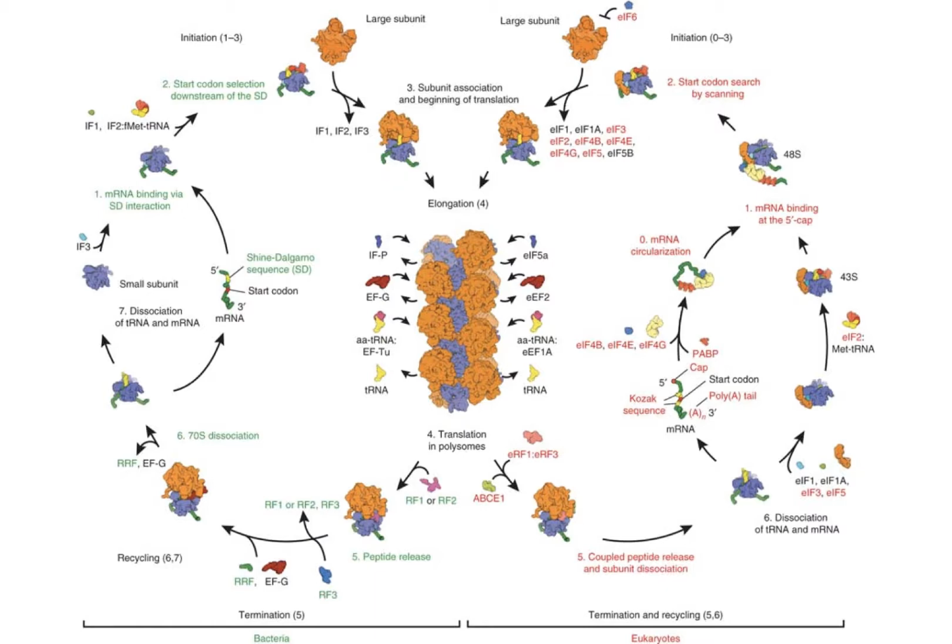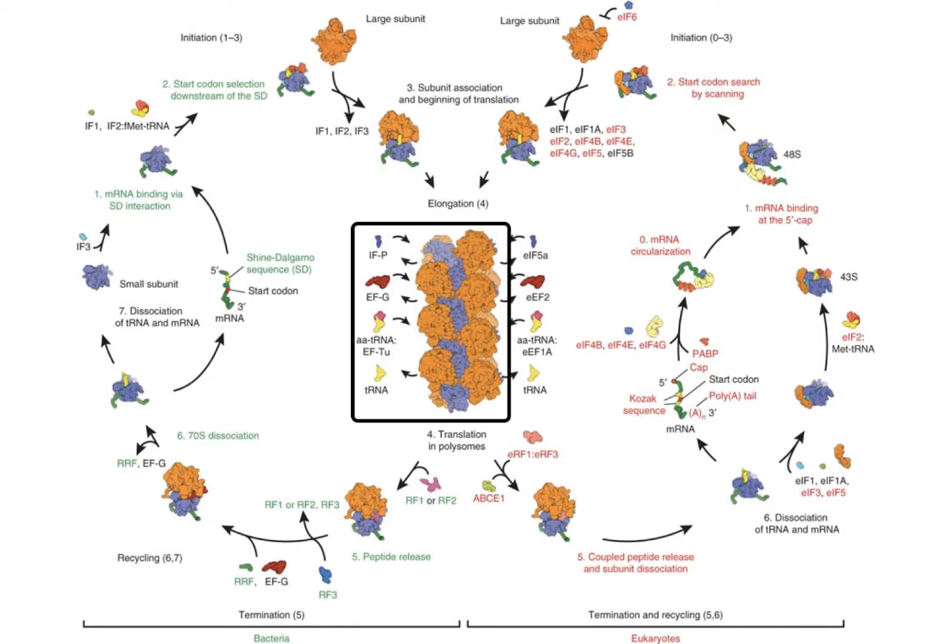So if you go down here with bacteria again, here's the mRNA, there's the Shine-Dalgarno sequence attaching to the anti-Shine-Dalgarno sequence with the help of some initiation factors to attach the mRNA to the small subunit. That then attaches to the large subunit, which is the catalytic part of the ribosome.